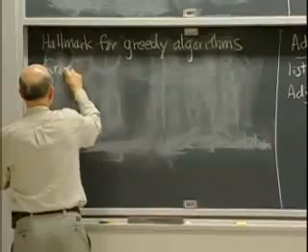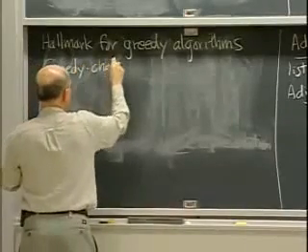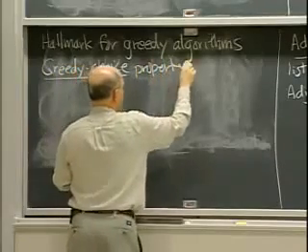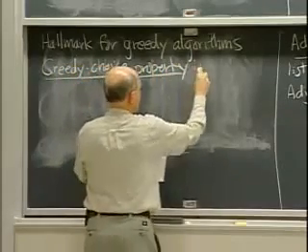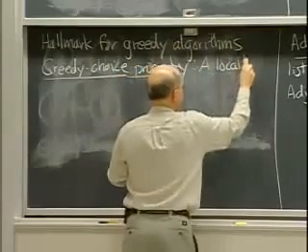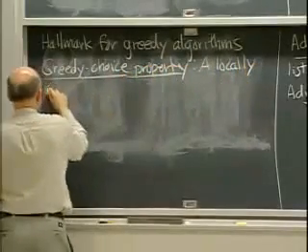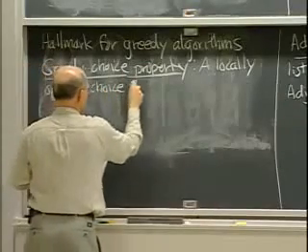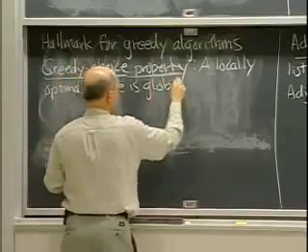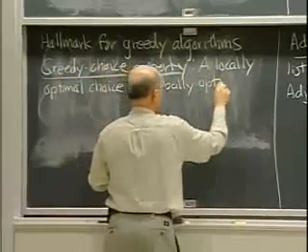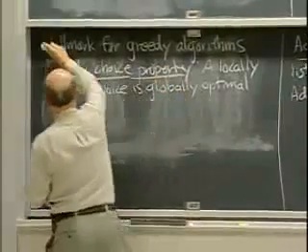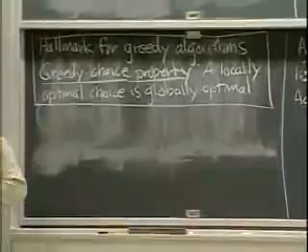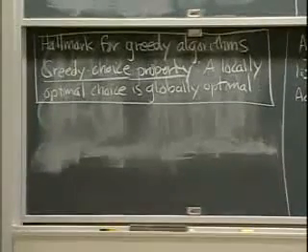And that is, we have a thing called the greedy choice property, which says that a locally optimal choice is globally optimal. And of course, as with all these hallmarks, this is the kind of thing you want to box. Okay, because these are the clues that you're going to be able to do it.